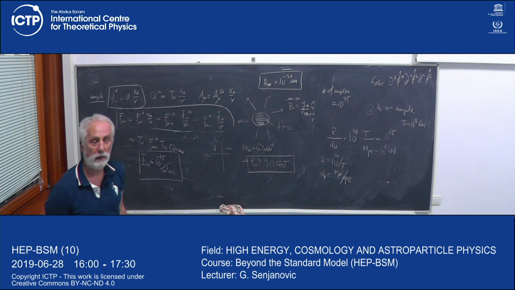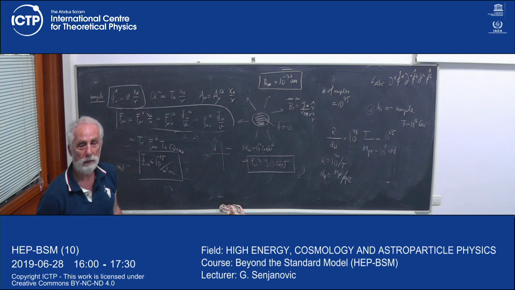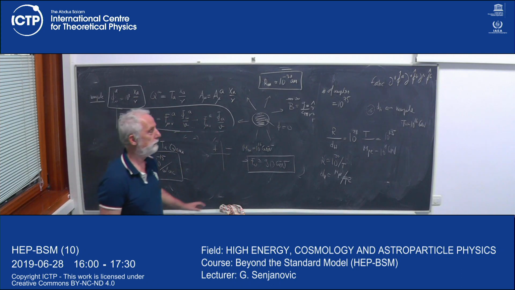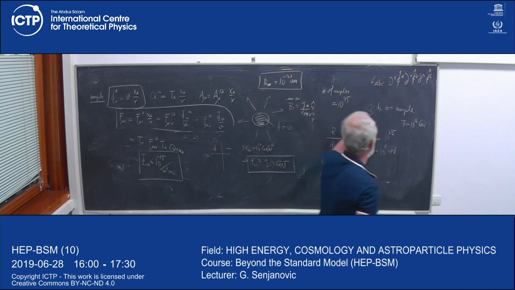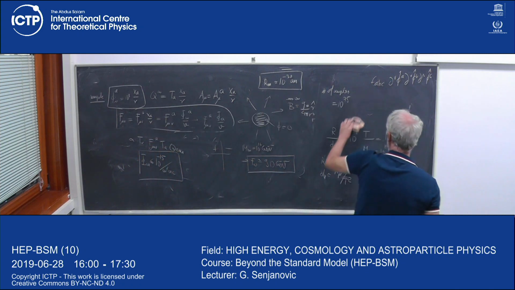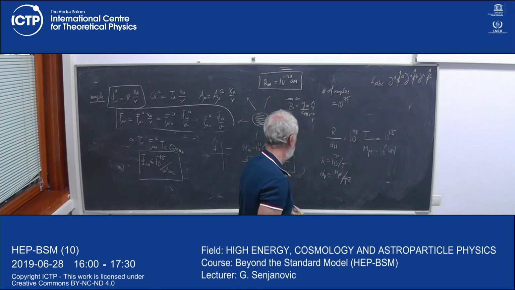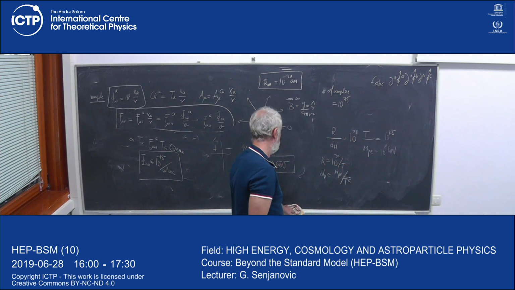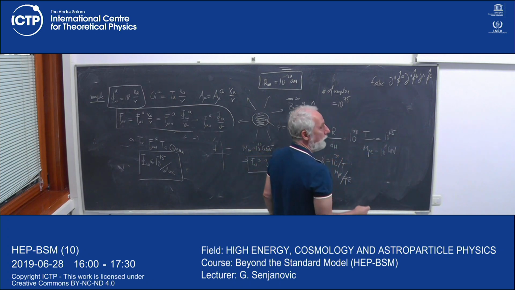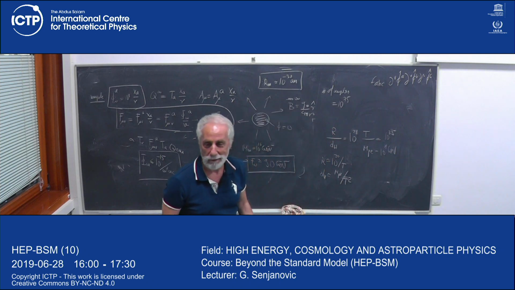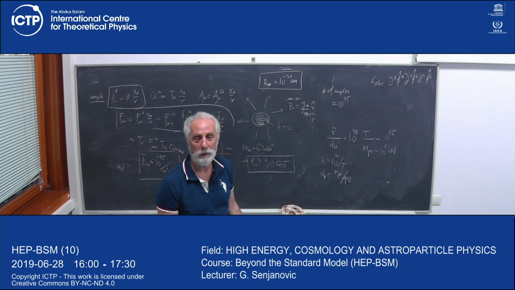How many baryons are there in the universe? I should have taken 10 to the 30 here, just to give you a feeling. There are 10 to the 10 fewer baryons than photons. How many photons in the universe?